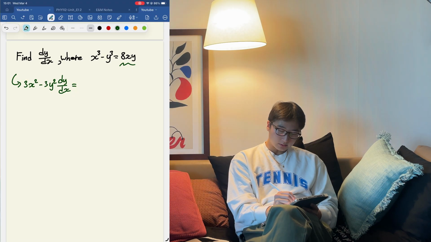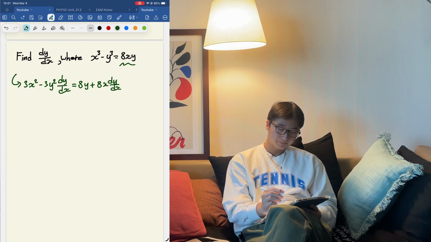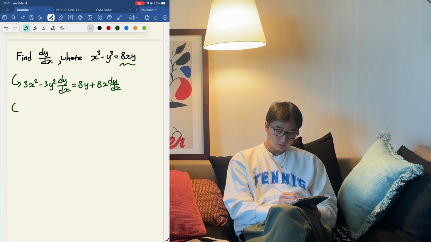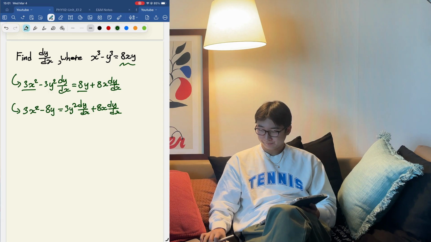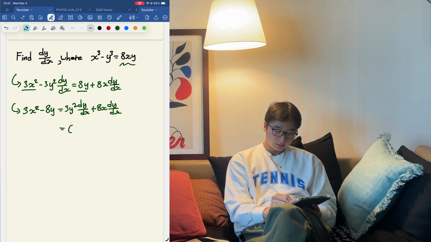So this is just 8y plus 8x dy dx, and we want to solve for this and this. So 3x squared minus 8y is 3y squared dy dx plus 8x dy dx. And this is just 3y squared plus 8x times dy dx.